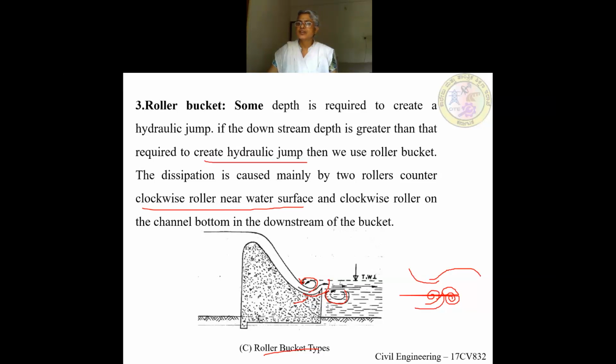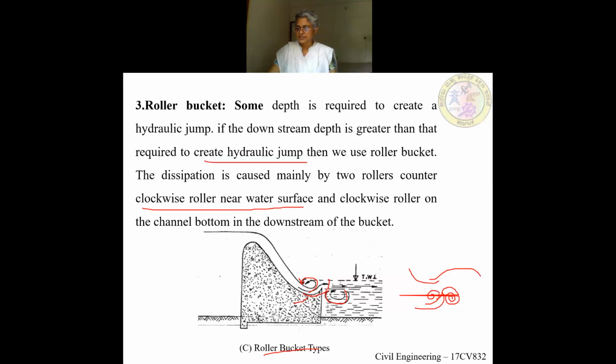This energy has to be reduced, otherwise it causes scouring or cavitation of the downstream bed. Not only that, it will damage the river banks and also the structures near the river banks like pump house or canals, and also the dams.